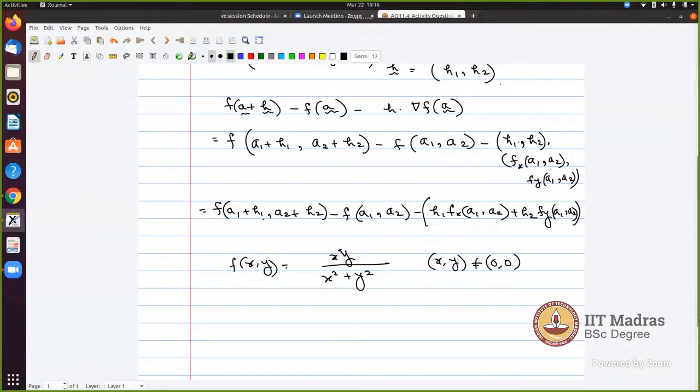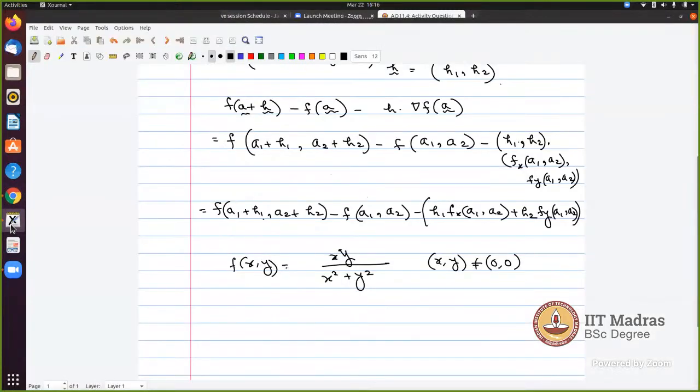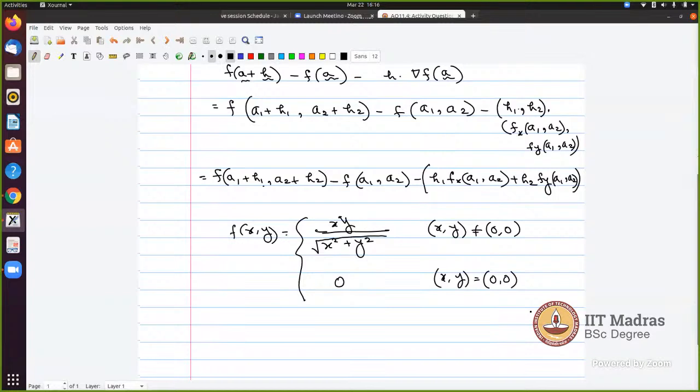Yes, sir. So can we do option 3? Yeah, sure. Option 3 is under root, and this is 0, the origin. We have to check differentiability at (0, 0), so (a1, a2) is (0, 0). Our a vector is (0, 0).